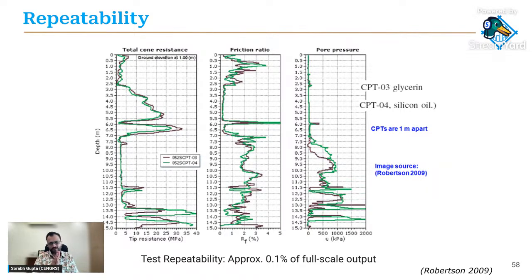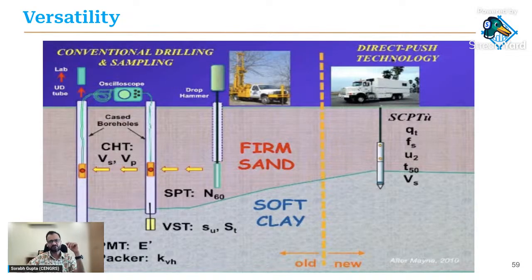And we used to always pick our design values on the lower end of the spectrum, knowing full well that these are just errors in the reliability of the test itself. But in the CPT, if you know that you have good repeatability, you can pick your values exactly as per what you are getting. You don't have to add a factor of ignorance to your values.